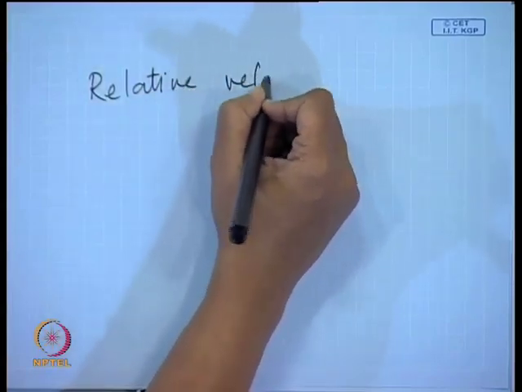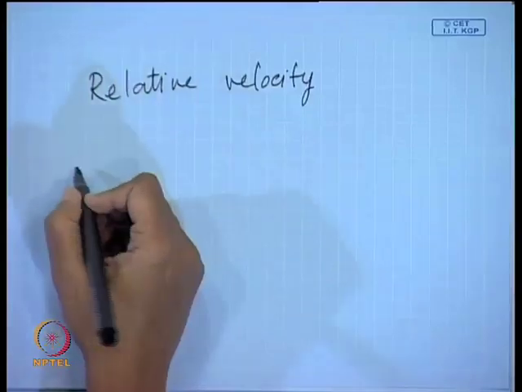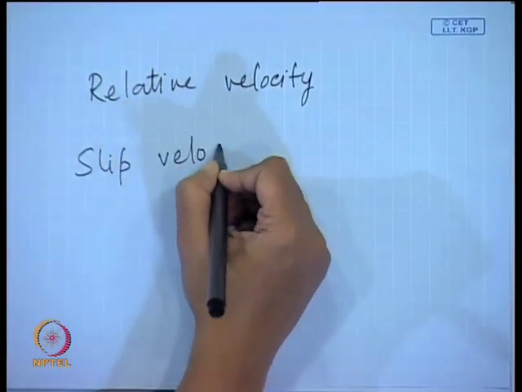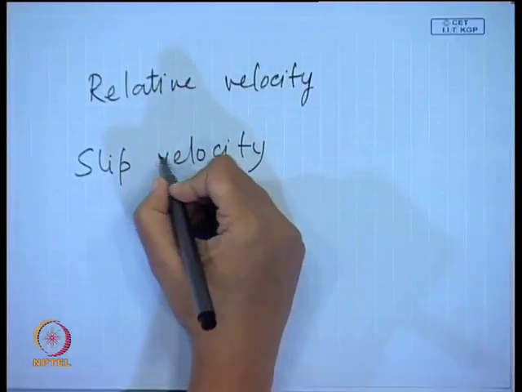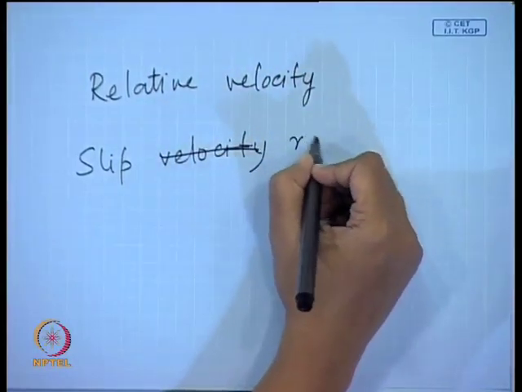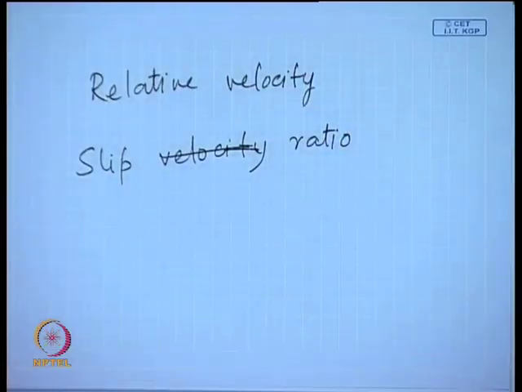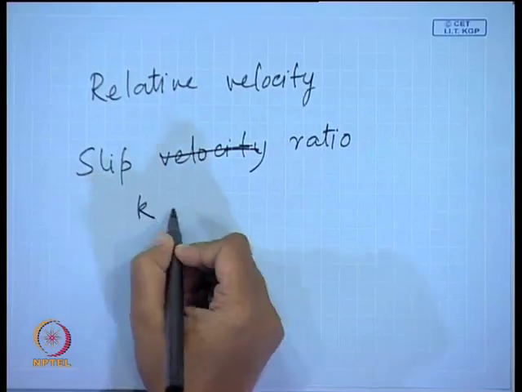Since all the problems arise due to the difference in velocity, your relative velocity and the slip velocity, these two are very important. Or the slip velocity, in other words, is usually known as the slip ratio. Slip ratio is usually denoted as K.